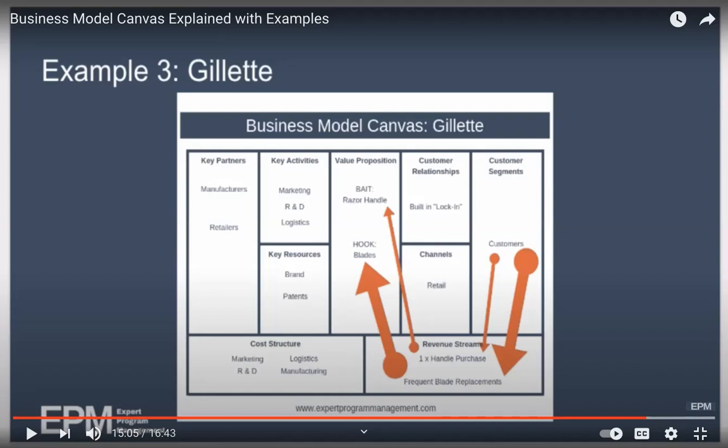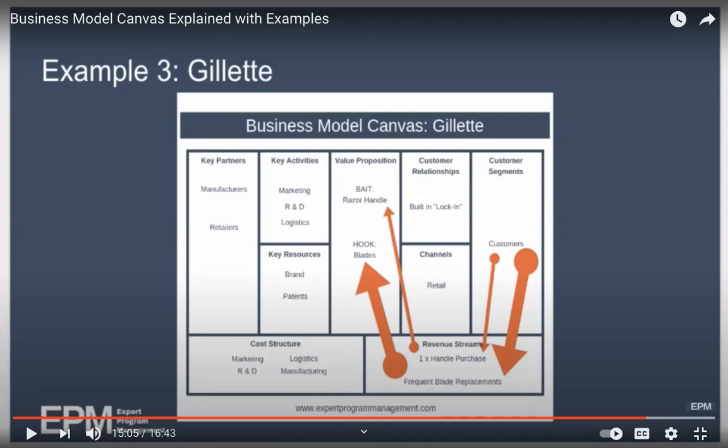But I do like the example of the bait and hook where they're showing that they sell something at a deep discount that's reusable, to get you to come back and buy a complimentary product that can only be purchased through them. So if you spend a little bit of money on this really nice handle, you're going to come back and get those blades over and over again.